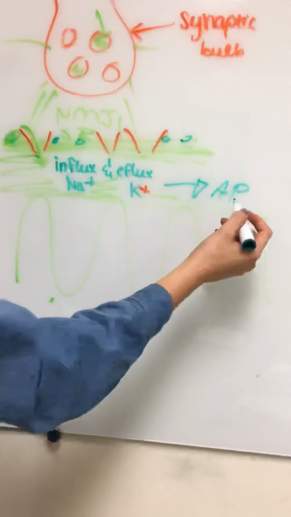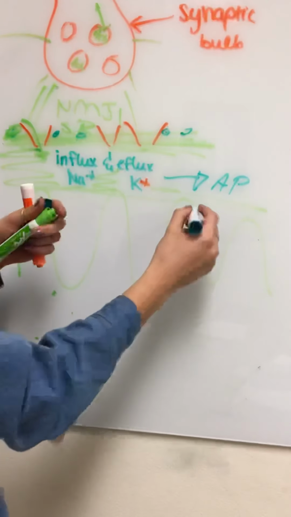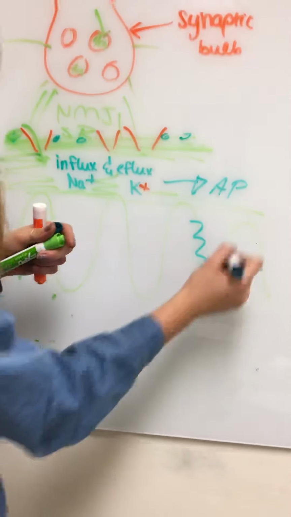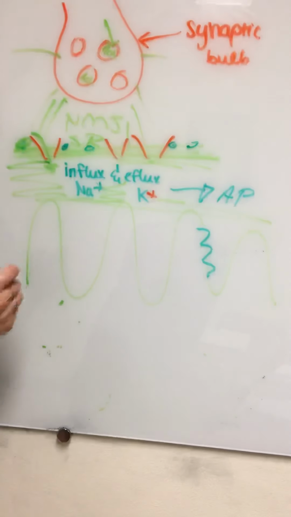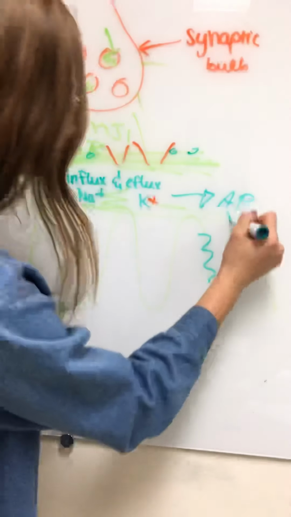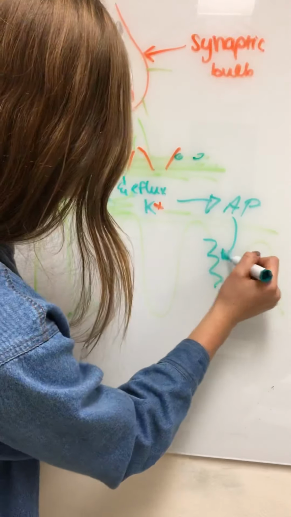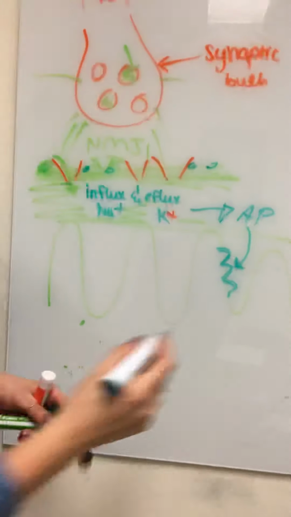Once that action potential is created, this thing right here is the T tubules, and then this action potential rushes into the sarcolemma, which is like this.